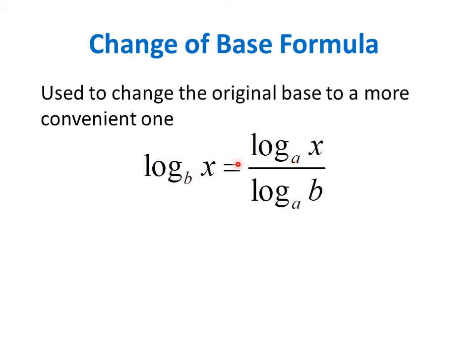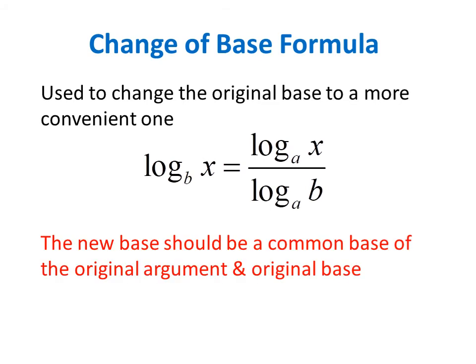So let's say that new base is base a. To change this base b into a, we have to divide log to the new base a of the original argument x, and divide that by log to the same base a of the original base b.